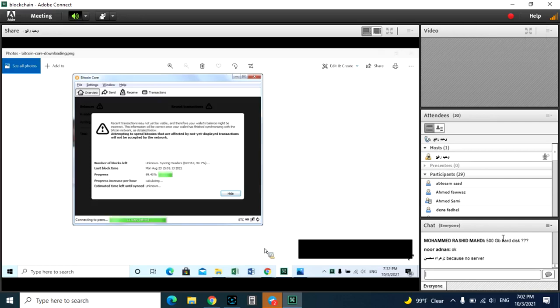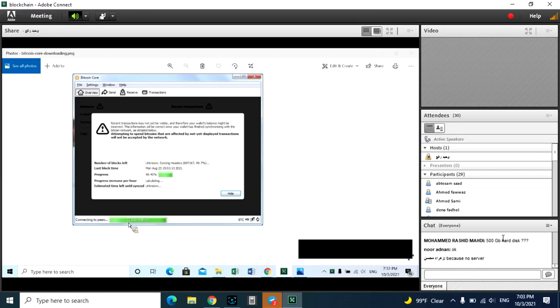You are trying to install the Bitcoin Core. As I said, you will see something like this. You cannot do anything before downloading all the blocks.